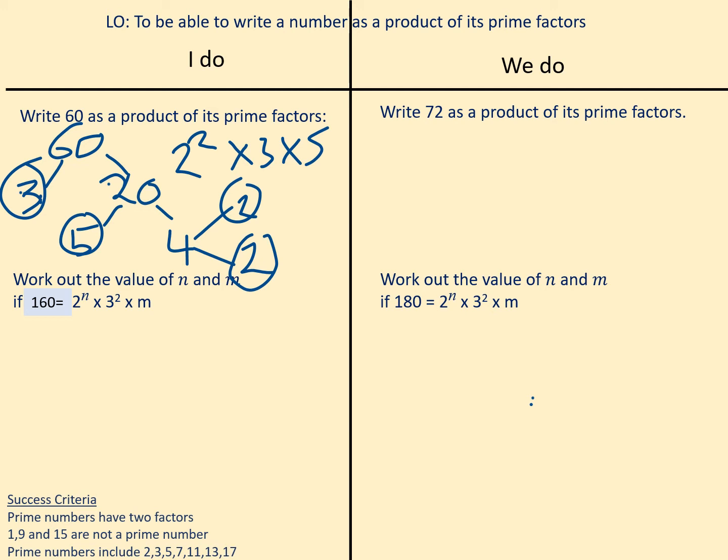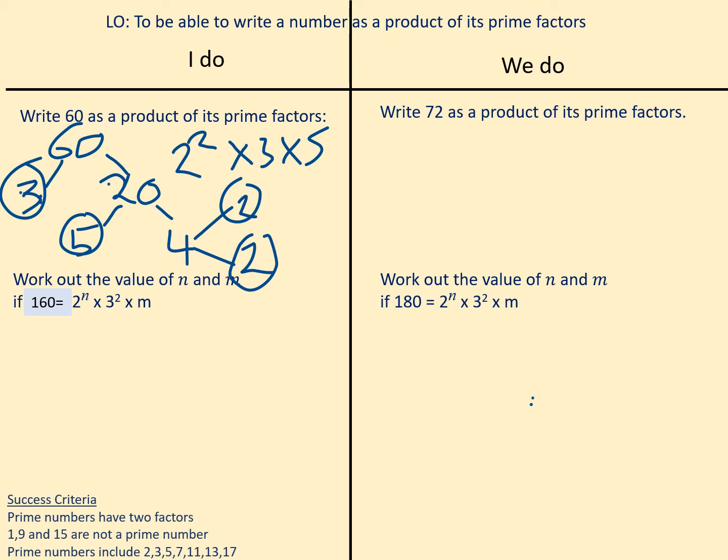Let's have a look at the next one. Work out the value of n and m if 160 equals 2 to the n times 3 squared times m. Now you're probably looking at that and thinking you haven't got a clue how to do it, but you do know how to do a factor tree like the one above.